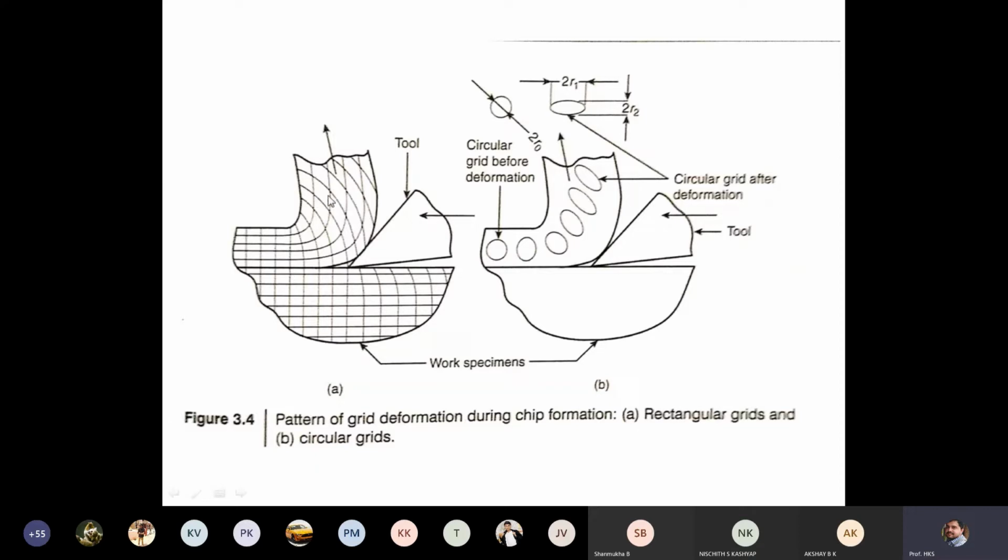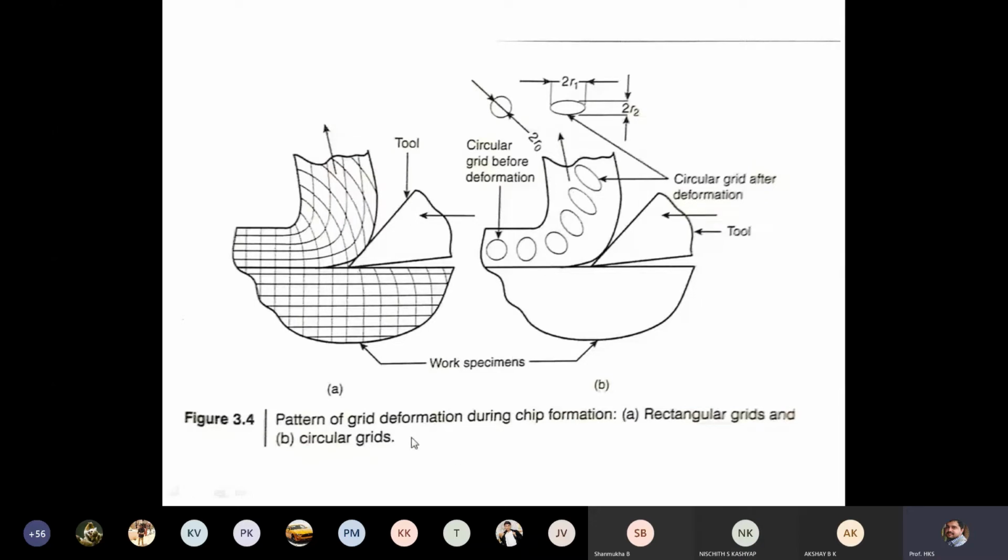You can see the shape of these grids. Earlier, these grids have a rectangular shape. After deformation, you can see they have the shape of a rhombus. Because of this, you have a larger thickness for the chip compared to the uncut layer of the material.